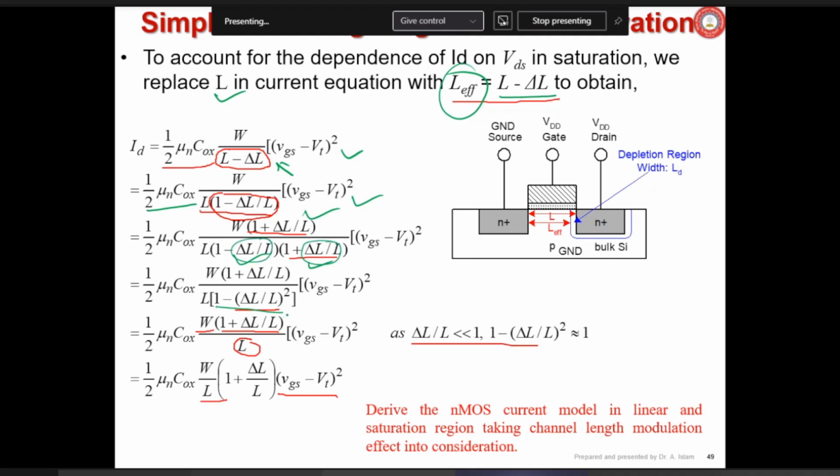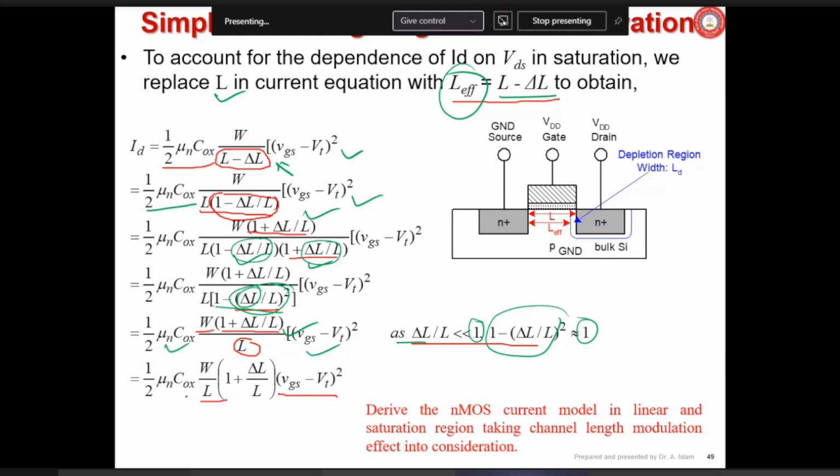Yes, sir. This is simple algebra. Then see here, delta L by L is much less than 1. Hence, we are replacing this denominator with 1 only. Okay, this is ignorable. And finally, we write this equation: W into 1 plus delta L by L divided by L, and other things remaining the same on both sides.